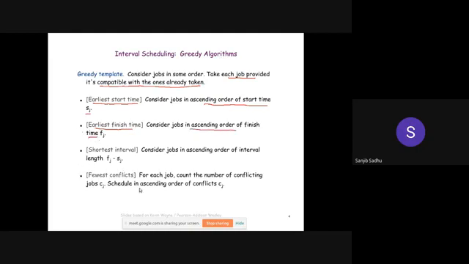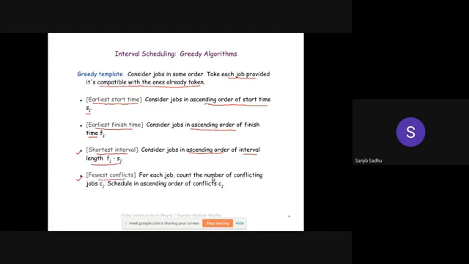Or someone may think I will choose the jobs in ascending order of interval length. That means I will choose the job which takes the minimum amount of time, which is finishing time minus starting time of that job. So I'll choose the smallest one, then the next smallest, like this. That is the shortest interval. Then fewest conflicts.